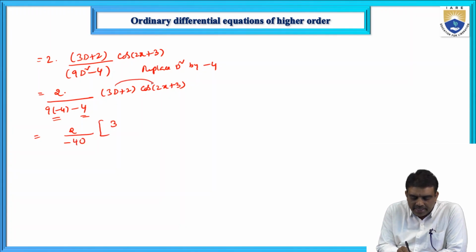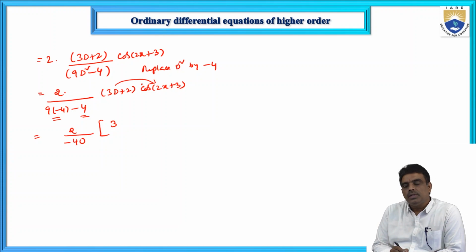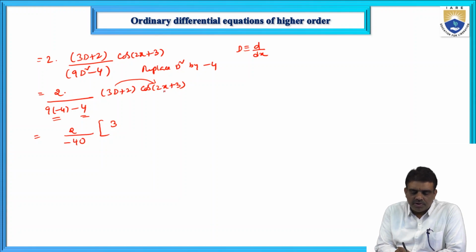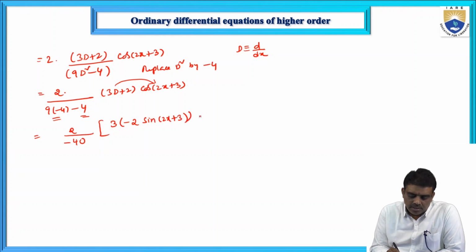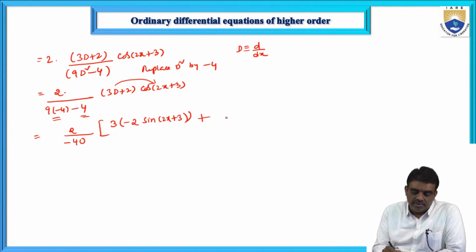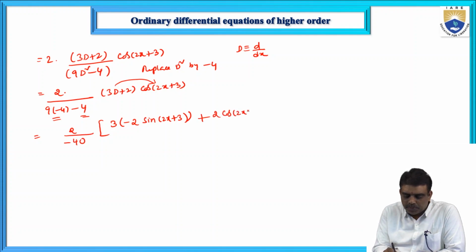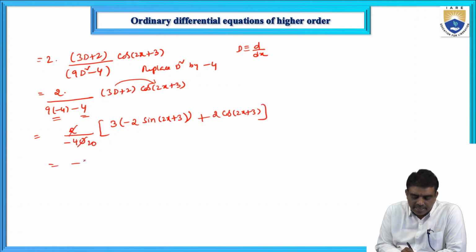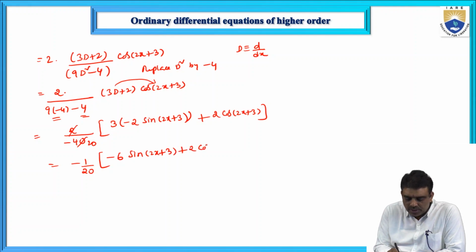Now 3 into operate D on cos(2x + 3). D means d/dx. So d/dx of cos(2x + 3) is -2sin(2x + 3), plus 2 operating on cos(2x + 3). That is equal to -1/20 into [-6sin(2x + 3) + 2cos(2x + 3)].